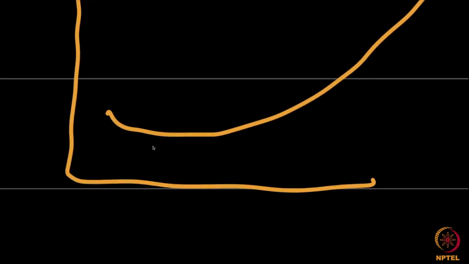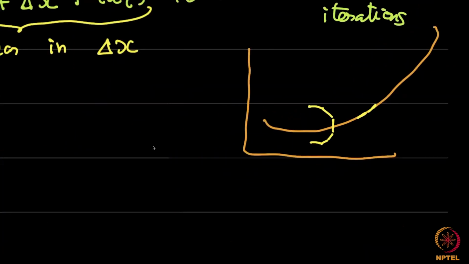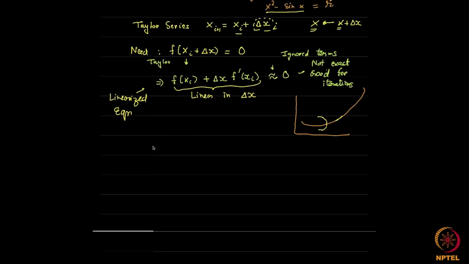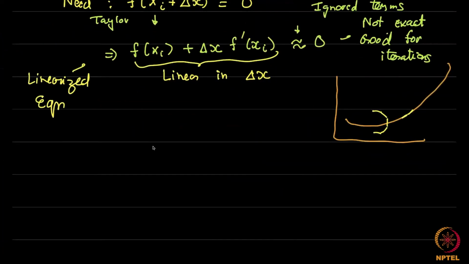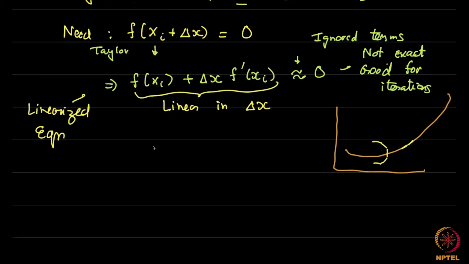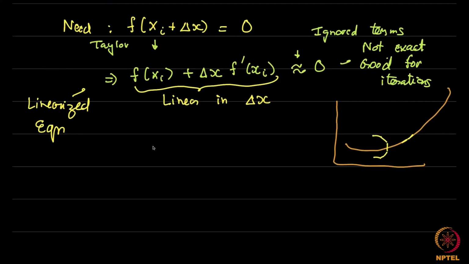If I really zoom in, it starts looking linear. So you can put together a bunch of linear segments and it will start looking nonlinear when you zoom out, as you should be able to see. Similarly, what was nonlinear in x becomes linear when you put together many small delta x's. So you take small steps and the overall result becomes nonlinear.